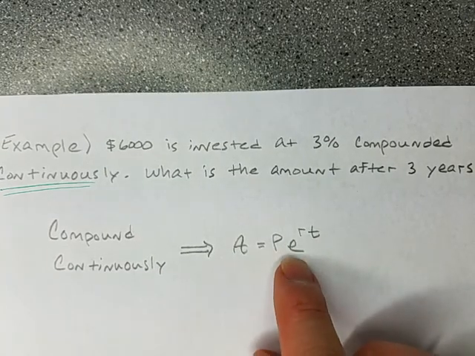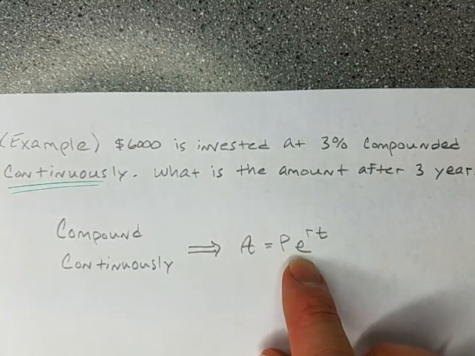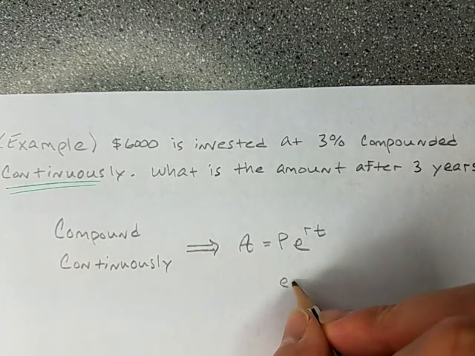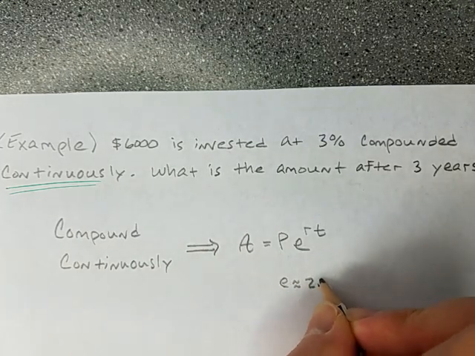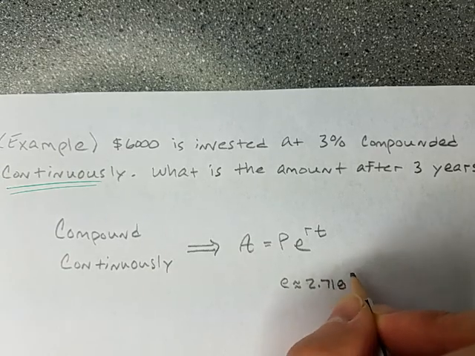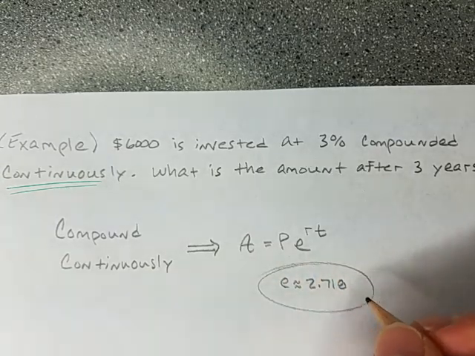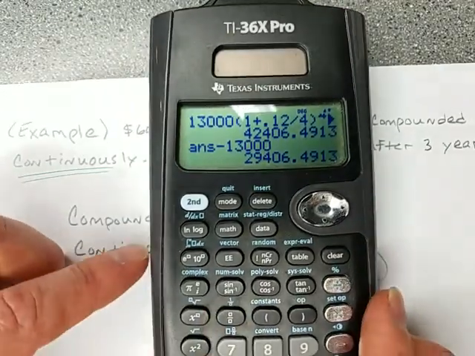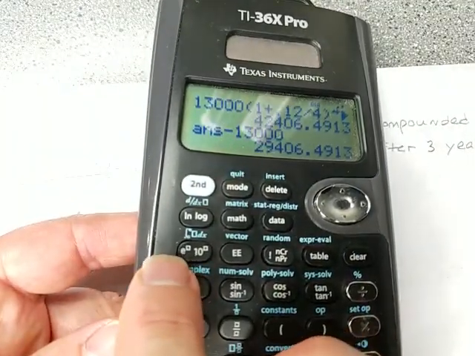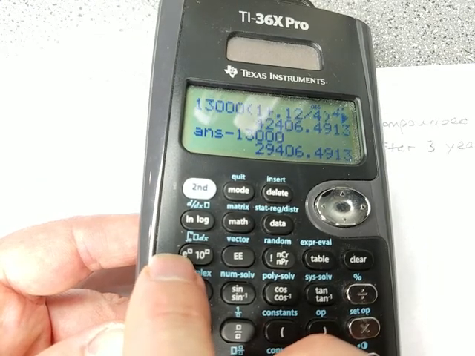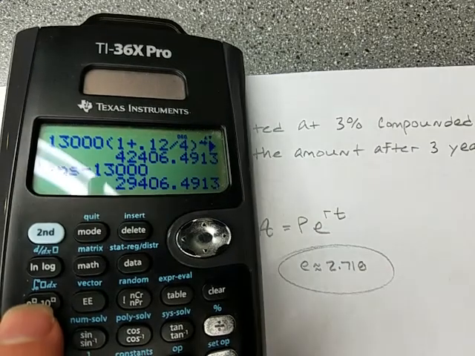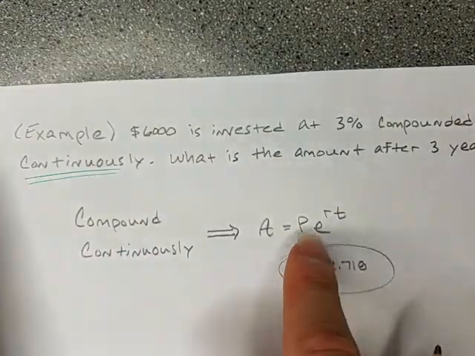And e is a special number just for calculating this kind of thing. If you want to know, e is about 2.718. Okay, so it's a specialized number. If you have a scientific calculator, somewhere on it you'll have a key to take e to a power. You'll have a key that's there just for the purpose of doing this. All right, so we're in good shape. So there's my key for this one.